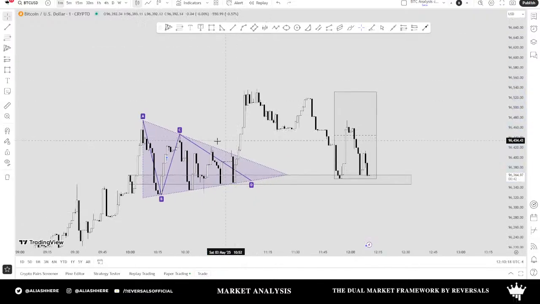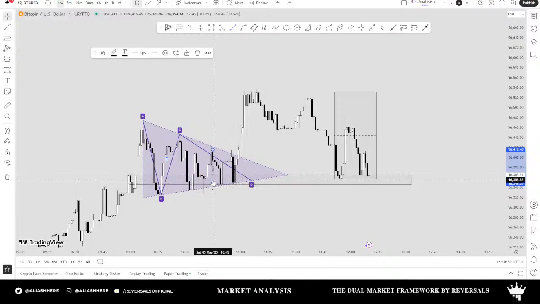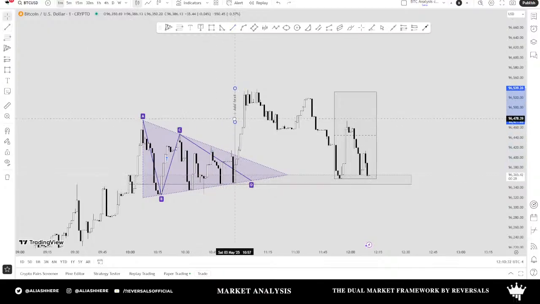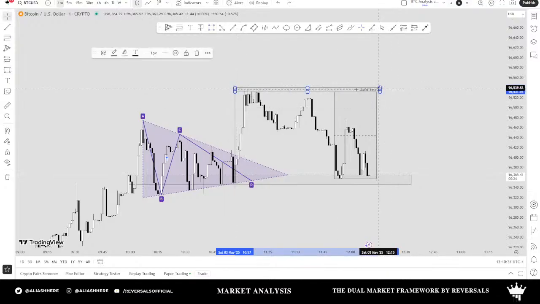Also, one thing you can do is take this middle supply and take a fake out. Check this one. Right here you have the reversal.